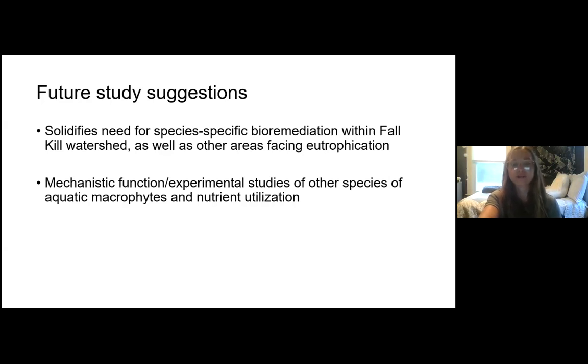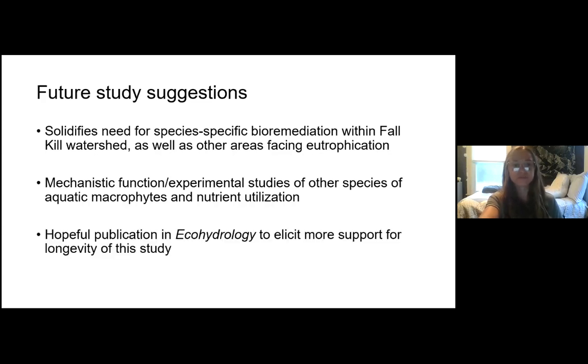An experimental study would really be helpful in finding out the ways in which these species of aquatic macrophytes utilize the nutrients and where they're most potently able to utilize the nutrients that are being loaded into the streams.